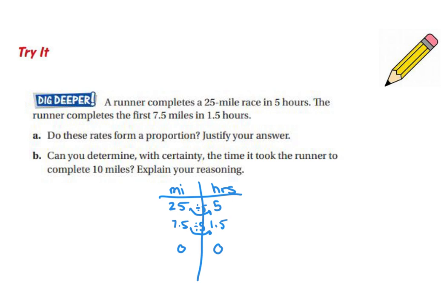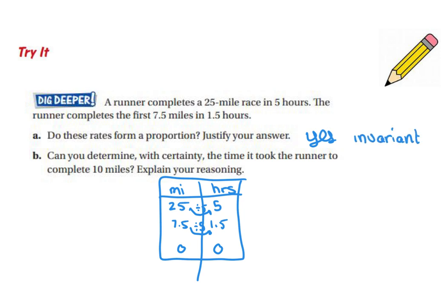So do these rates form a proportion? Yes. We can clearly say yes, and the work is right here in our table. Both an invariant relationship and the point 0, 0.